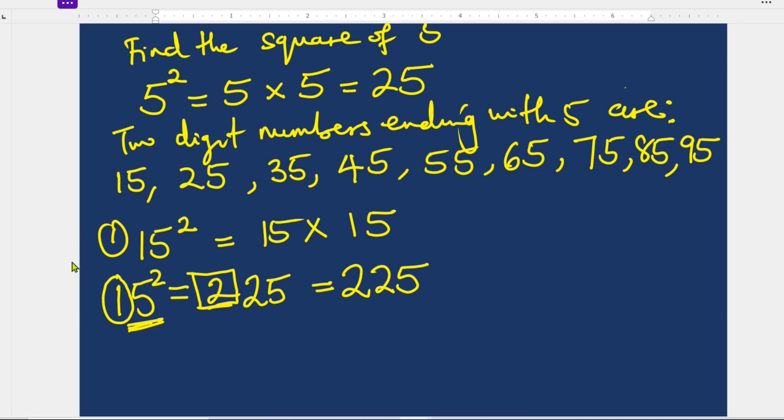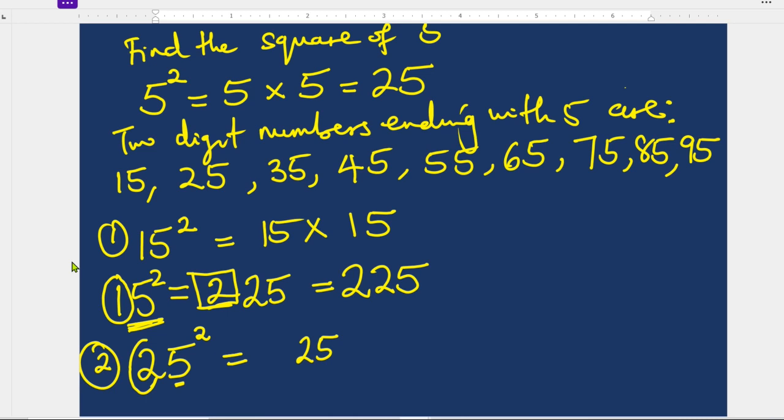I'm going to do another example. Now look at my second one. It's also a 2-digit number that ends with 5. Let's find the square of 25. Because 25 ends with 5, you will say the square of 5 is 25. Write down 25. Then what happens to this number 2 that is on the left?